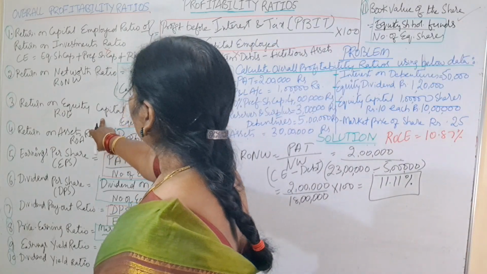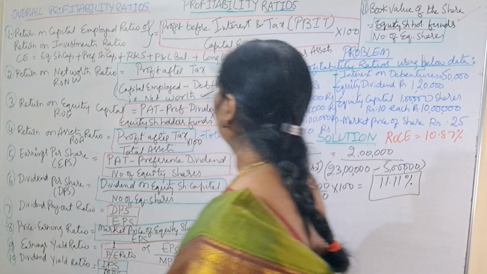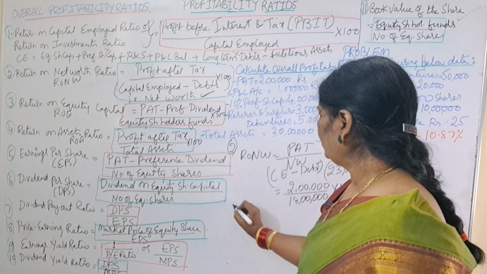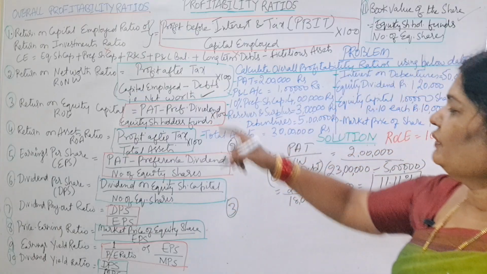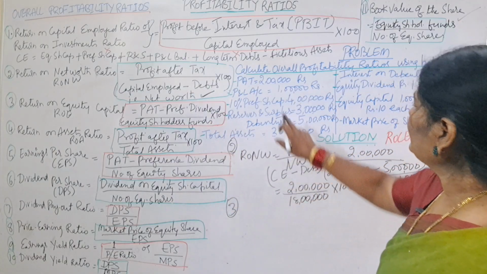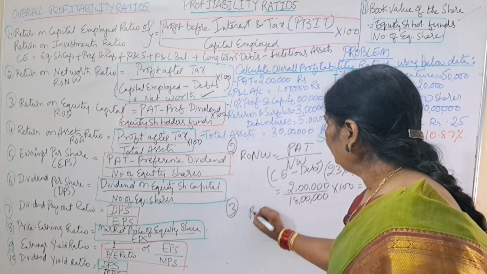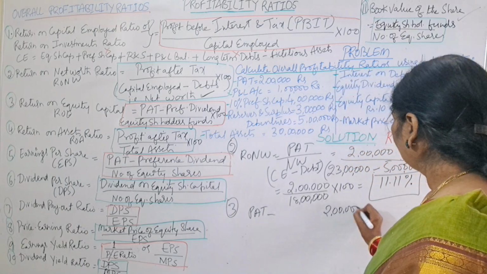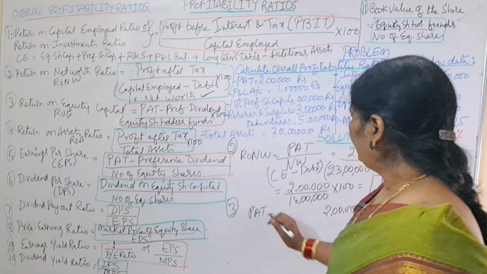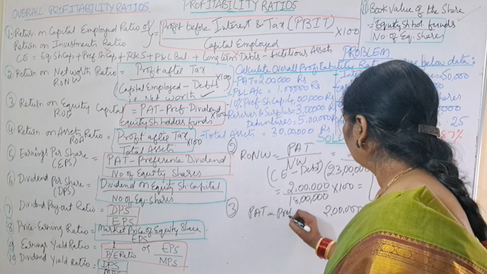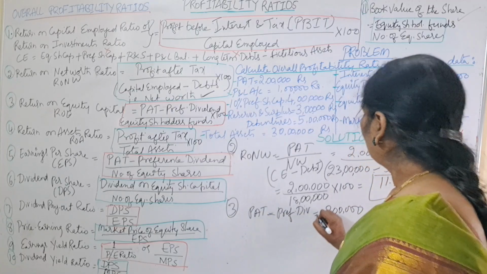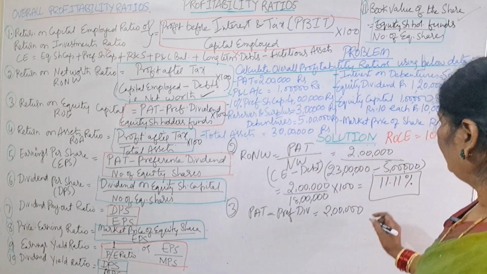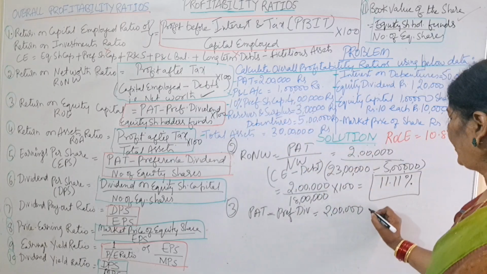Now we'll go to the third formula. What is the third formula? Return on equity capital. Remember, here we are taking only equity shareholders' funds. So what's the formula? PAT is already given, so we can take directly PAT 2 lakhs minus preference dividend. So how much is the preference dividend amount? 10% on 4 lakhs, so you will get 40,000.